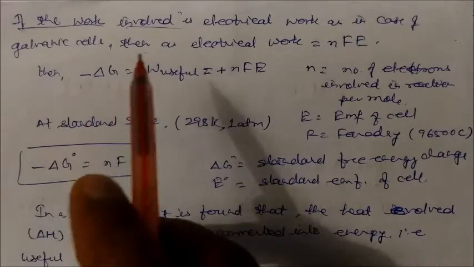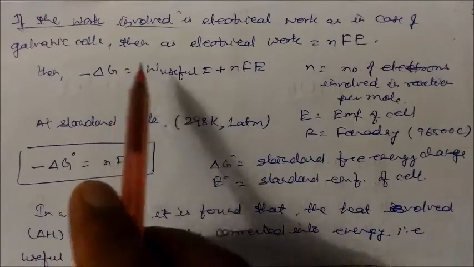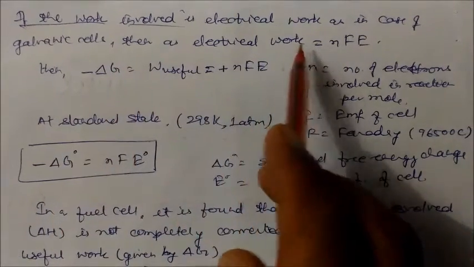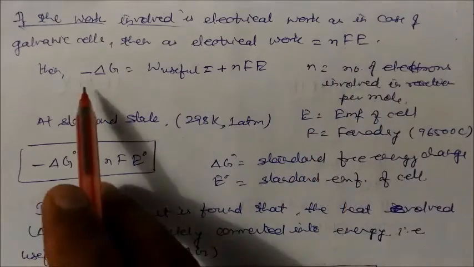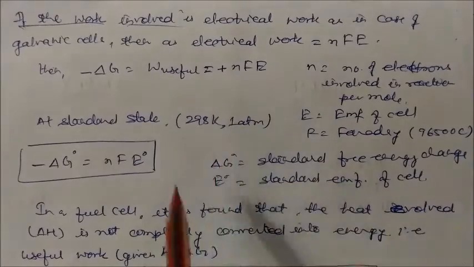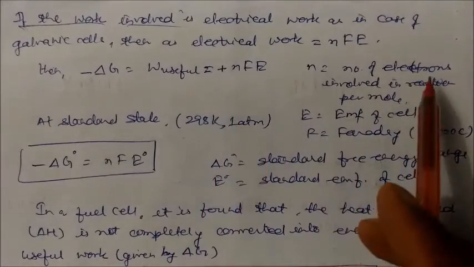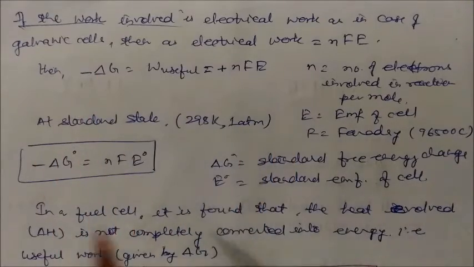Now if the work involved is electrical work, as in the case of galvanic cells, then we can write this non-expansion work as equal to nFE. Then delta G, the useful work, is equal to minus nFE. What is n? n is the number of electrons involved in the reaction per mole during the electrical work in a galvanic cell or electrochemical cell.